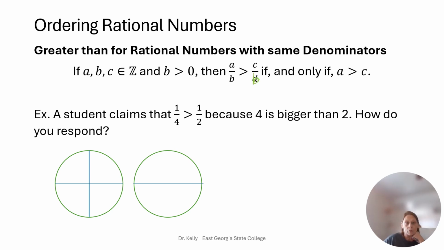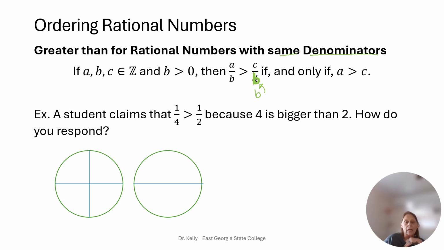This is supposed to be a b. This says the same denominators. I did a bad job of checking my PowerPoints closely. So this should be a B.